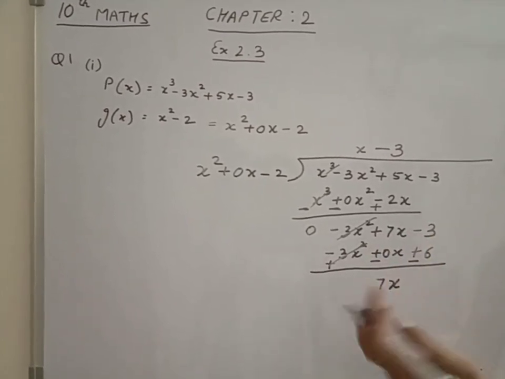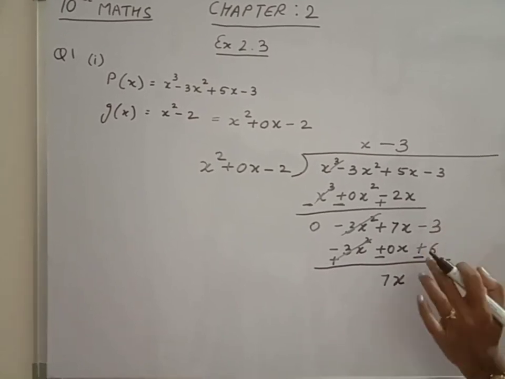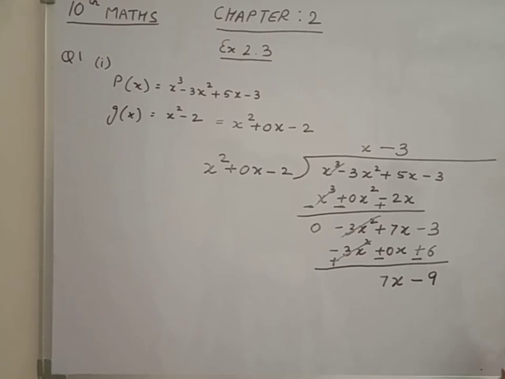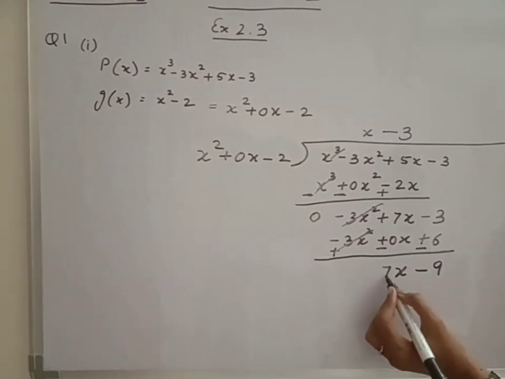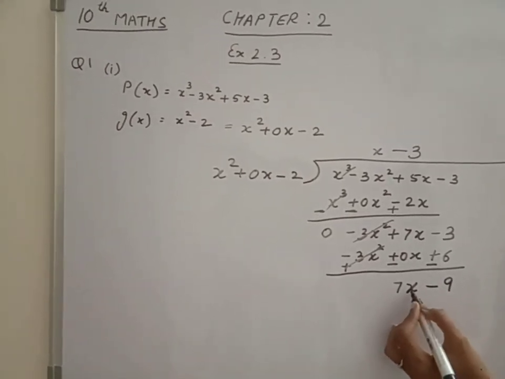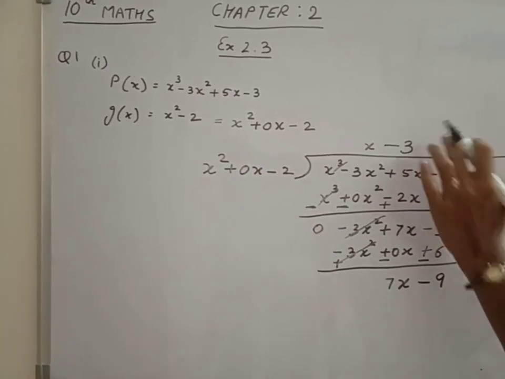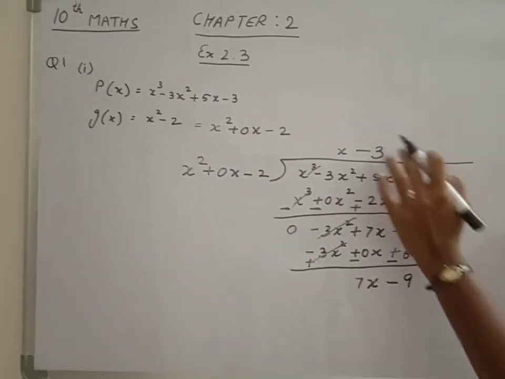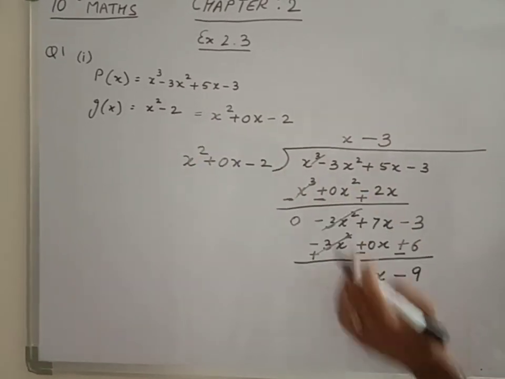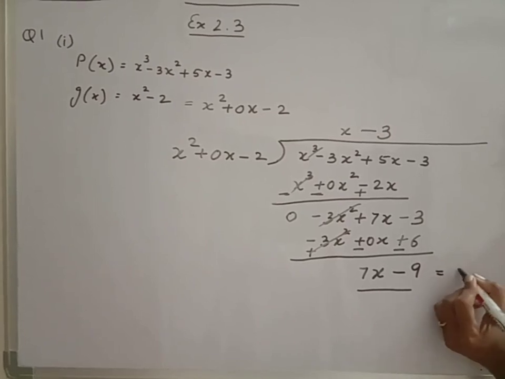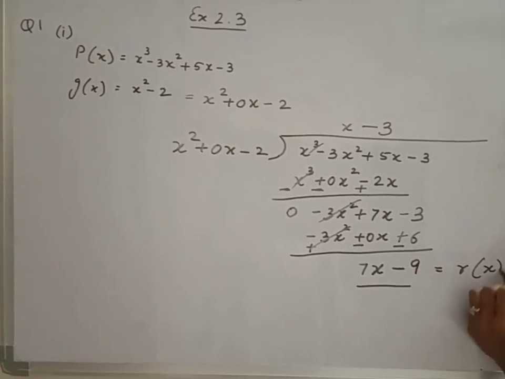Now minus 3 minus 15 is minus 18. This is my remainder, because see here, this is already x square and I already got a constant term here. Now you can't multiply x square with any number to get 10x.